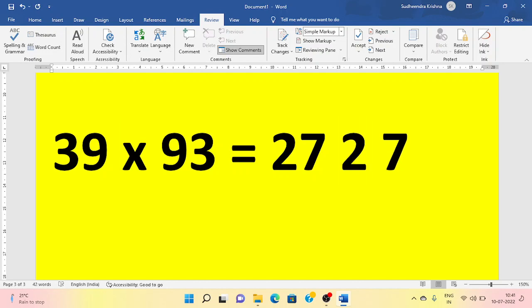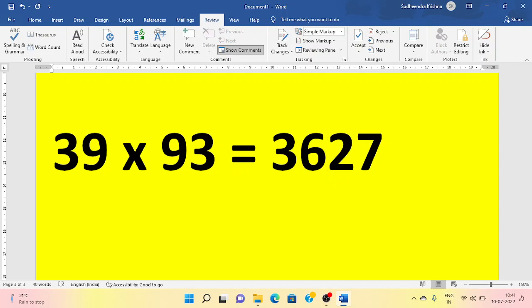So put 2 here and carry over 9. So on the left side already you have 27. 27 plus 9 will give you 36. So this is the required answer.